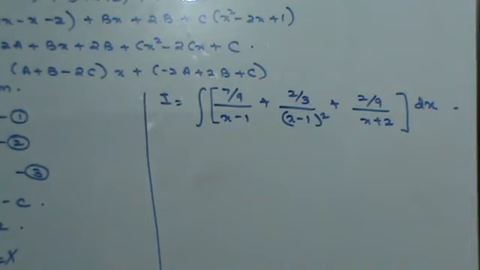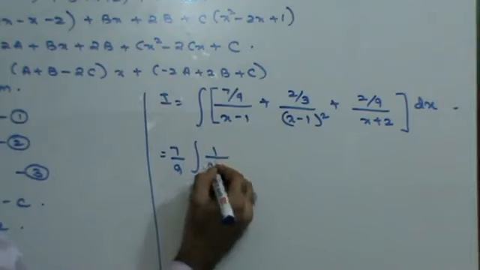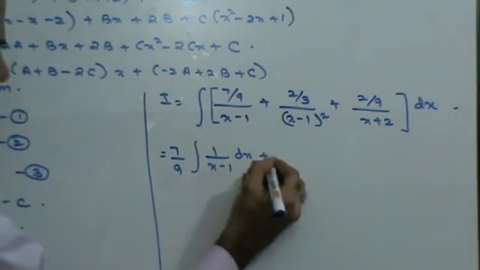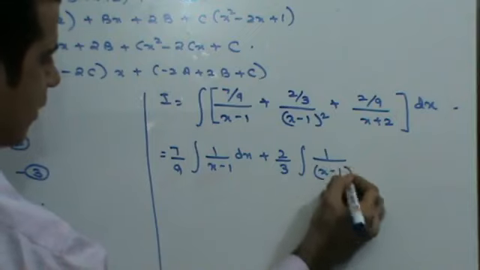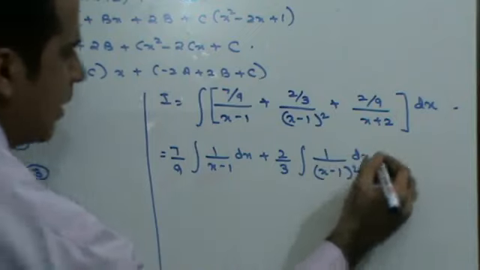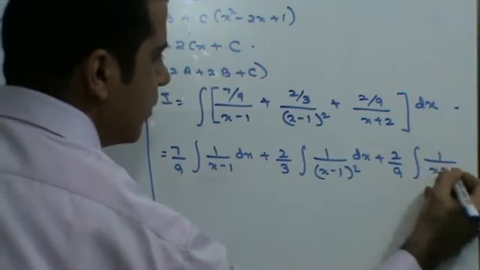Split the integrals, get the constants out. This is 7 upon 9 integral of 1 upon x minus 1 with respect to x, 2 upon 3 integral of x minus 1 the whole square with respect to x, plus 2 upon 9 integral of x plus 2 with respect to x.